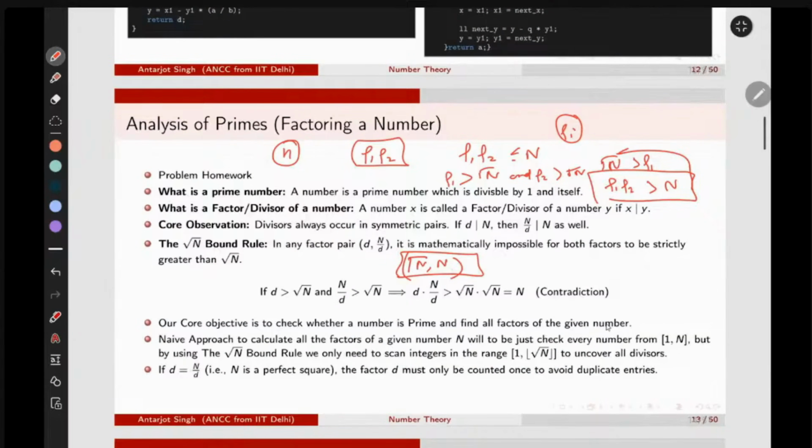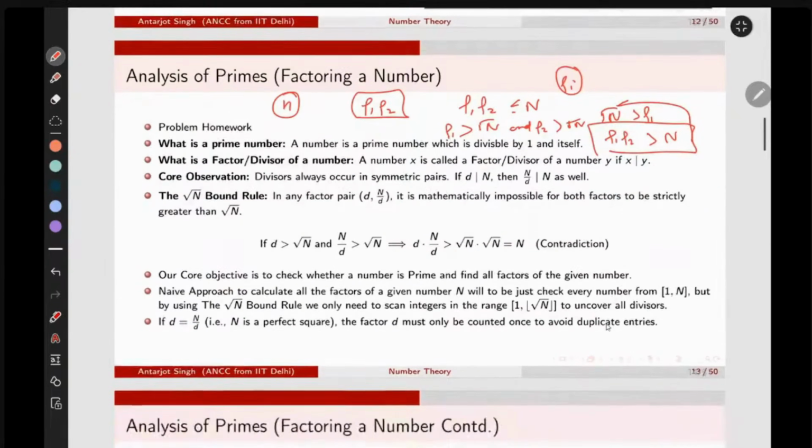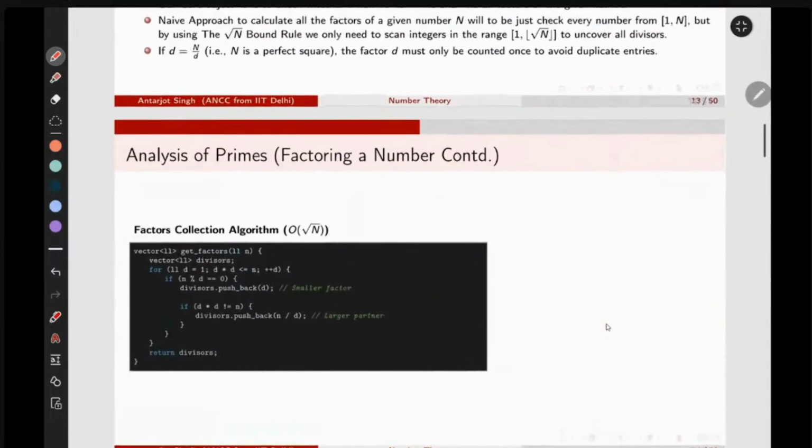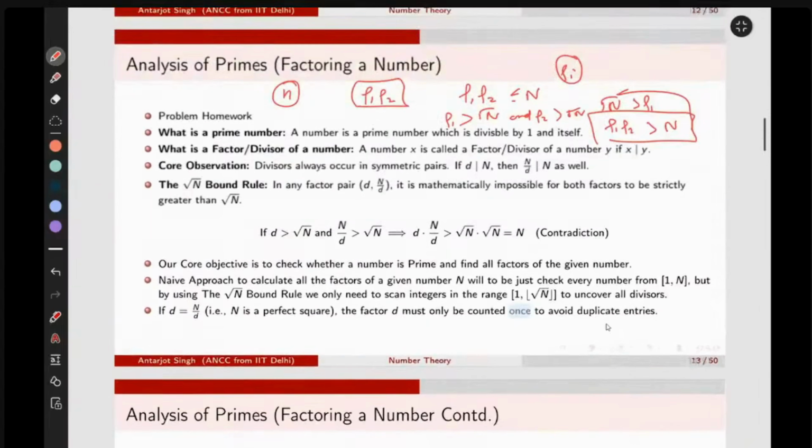Our approach is that if we found a factor f1 less than or equal to root n, then the other factor would be n by f1, that is f2. So we cannot say that both the factors are less than root n, but at least one of them has to be.